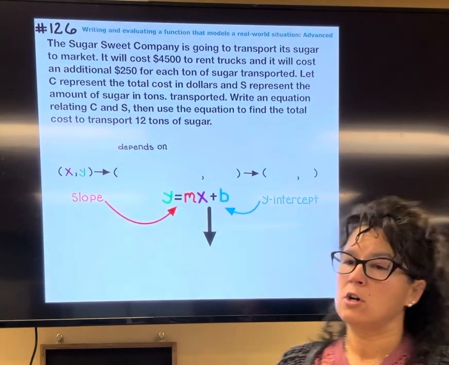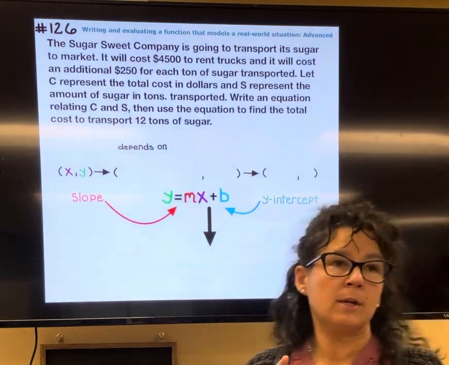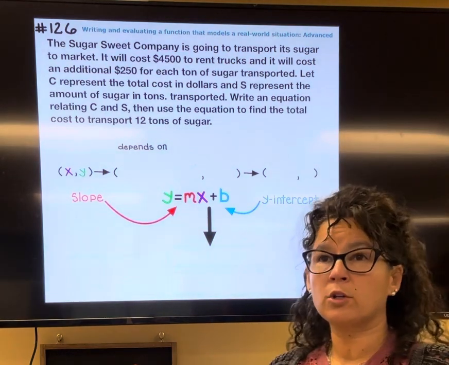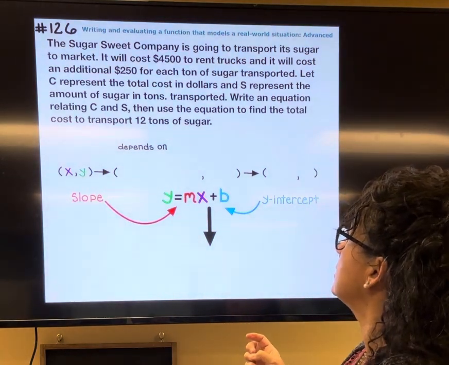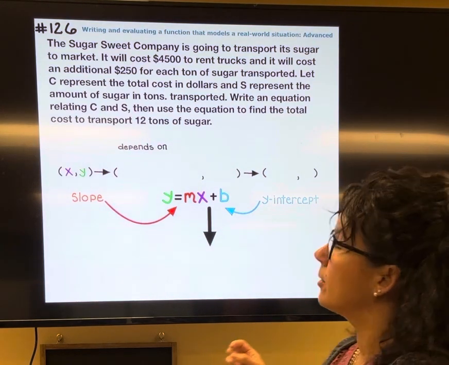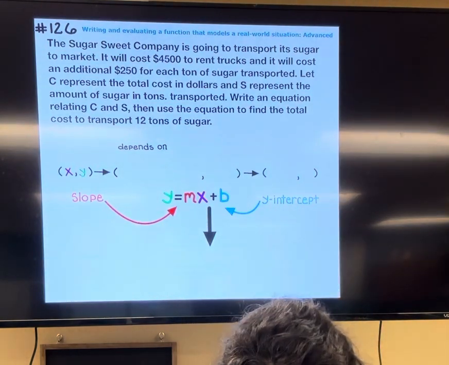Write an equation relating C and S, then use the equation to find the total cost to transport 12 tons of sugar. Okay, so there's two things going on, the C and the S. One of them is the cost to transport the sugar, and the other one is the number of tons transported. So which sentence makes more sense?